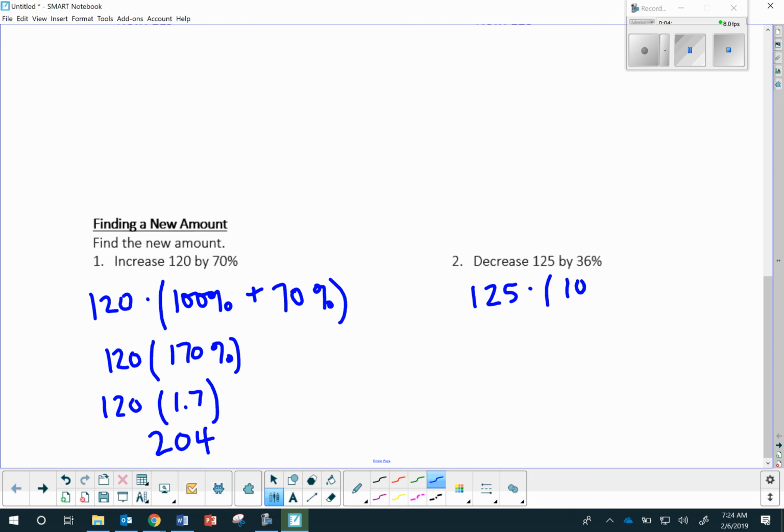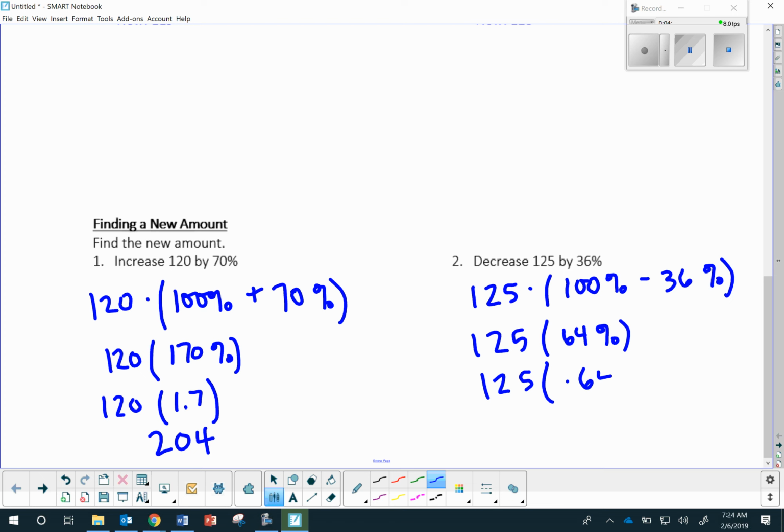We're going to take our original 100% and we're going to take away the 36% because it's a decrease. When we do that, we have 125 times 64%, which equals 125 times 0.64. When you do that multiplication, you should end up with a product of 80.